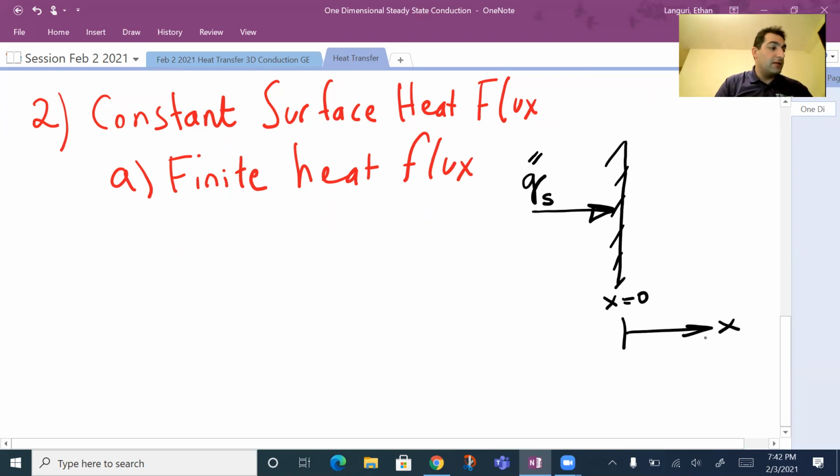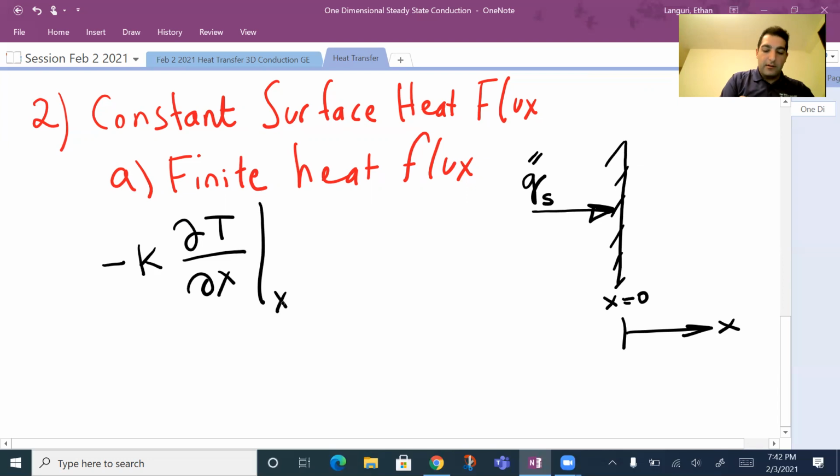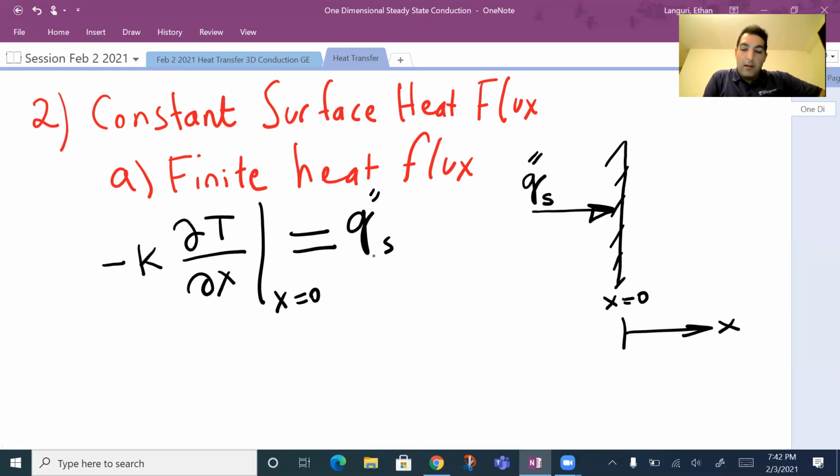So in this way, we can say the heat flux is constant coming to the wall, and we can use Fourier's Law for conduction, if you remember, which is minus K variation of temperature along the x at x equals 0 is constant, and that's equal to the heat flux. So if you use Fourier's law, you can reach this equation.